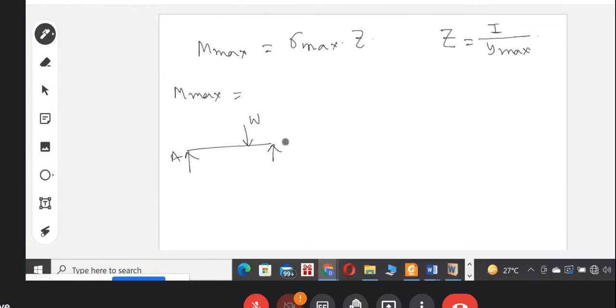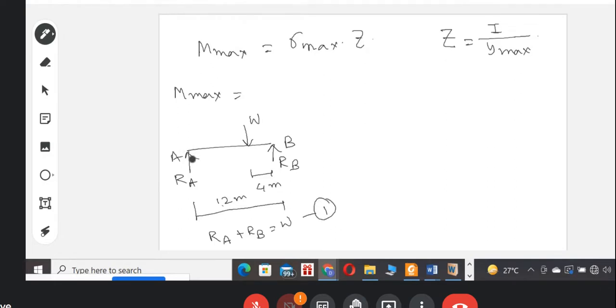So this is A, this is B, this is 4 meter, this is 12 meter. As she rightly said, this is RA, this is RB, RA plus RB will be W. That is one equation.